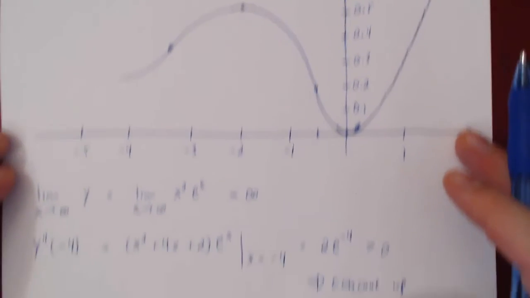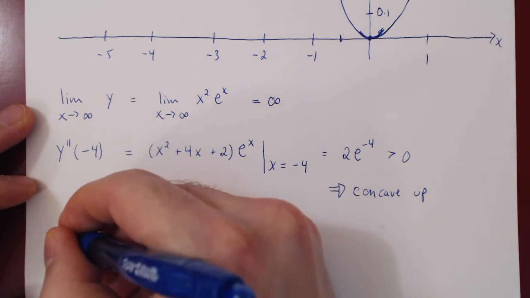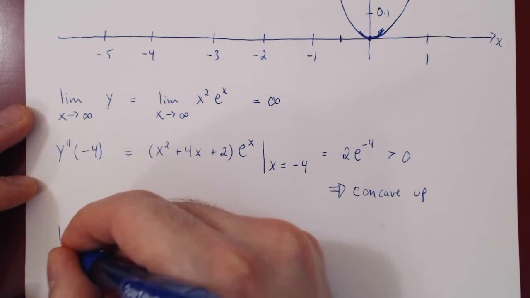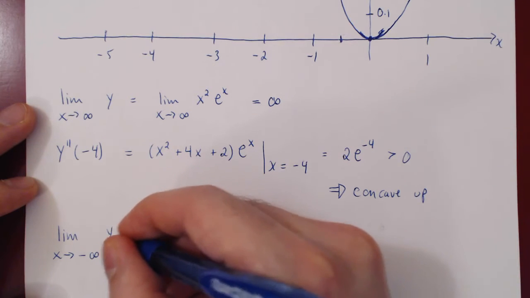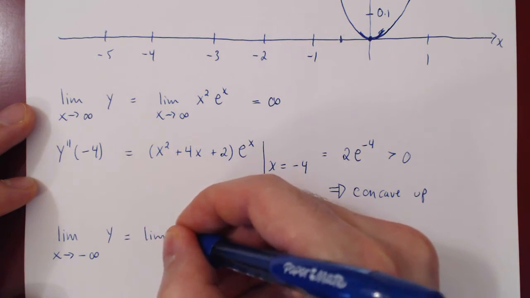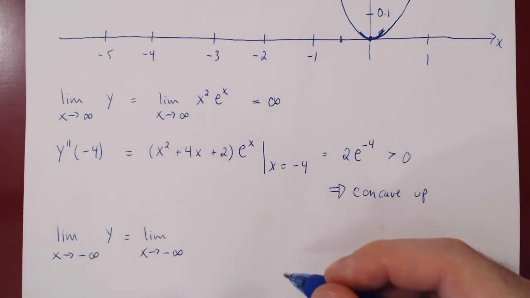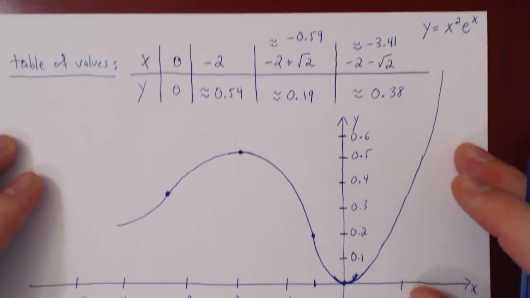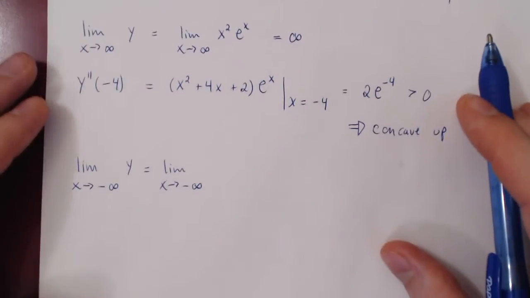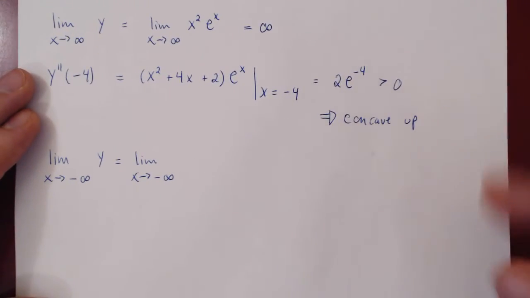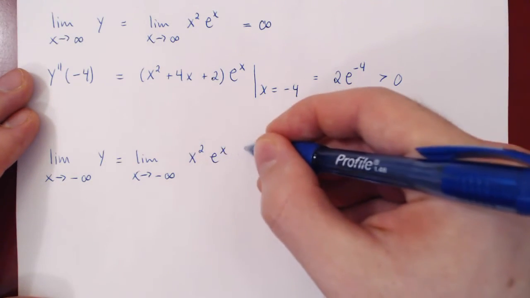Well, let's see. What is the limit as x goes to negative infinity of y? Well, y was equal to, if you just go back, the function is x squared e to the x. So we have x squared times e to the x.